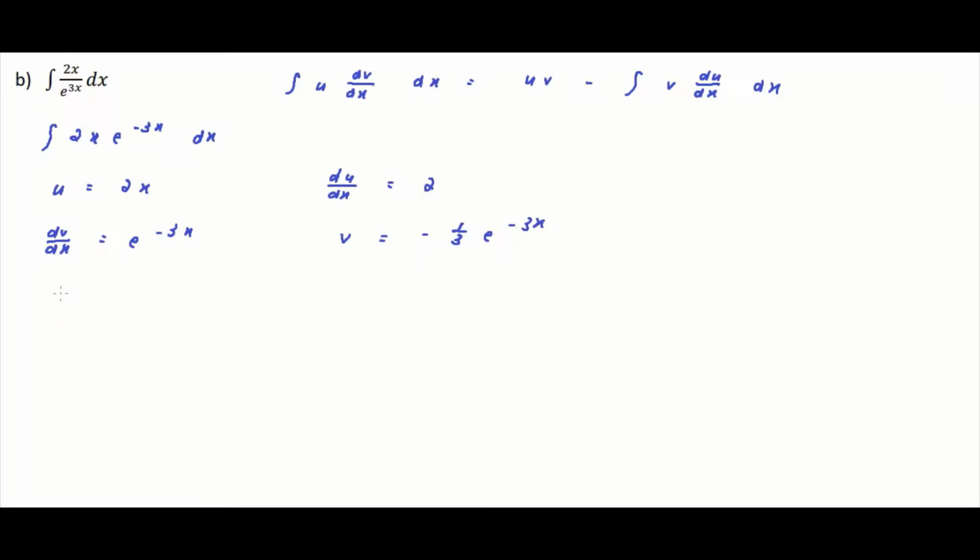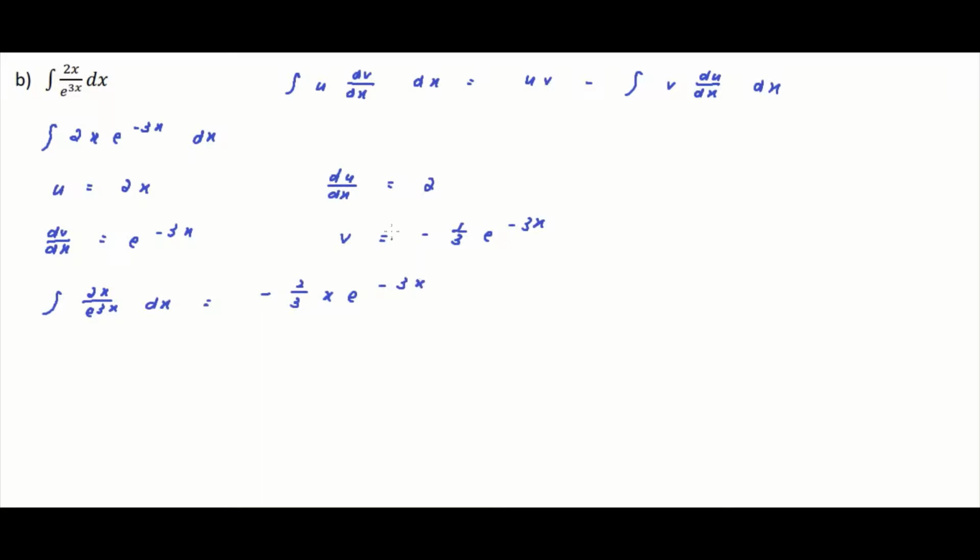Now by using the formula, just substitute everything. So the integral of 2x e^(-3x) dx will be equal to uv, so -(2/3)x e^(-3x).